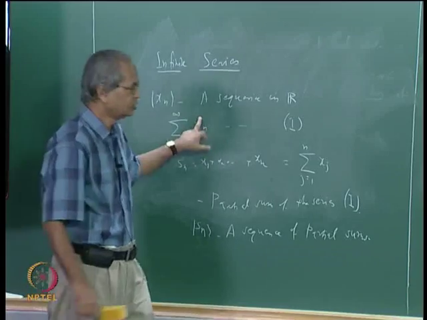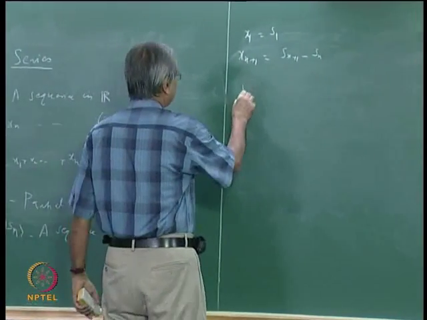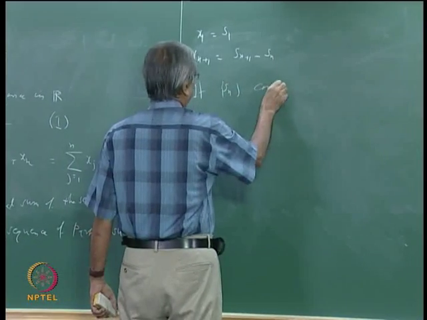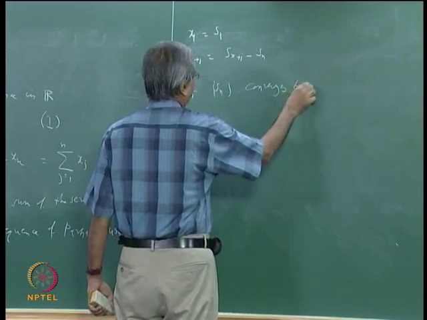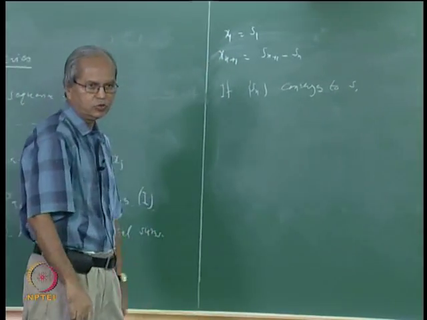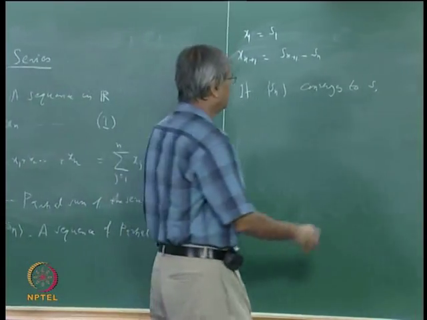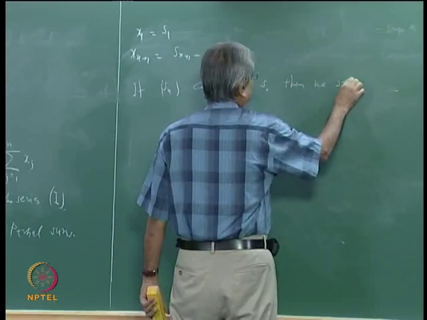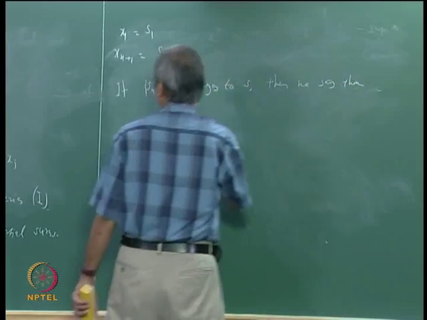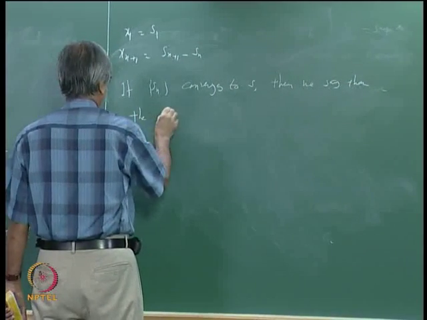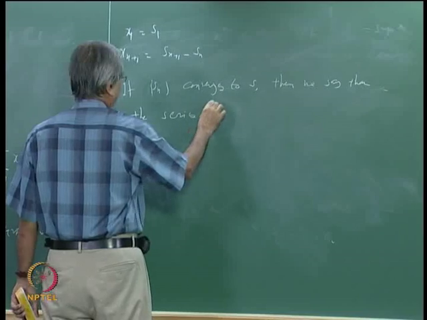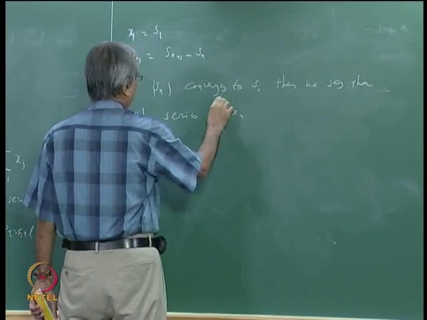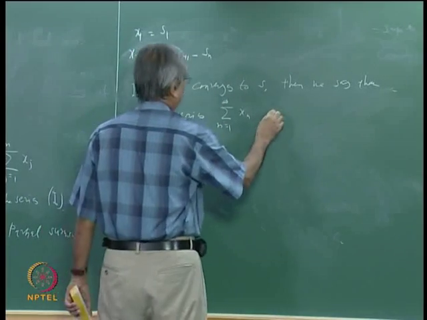So if Sn converges to S, then we say that the series sigma xn, n going from 1 to infinity, converges to S.